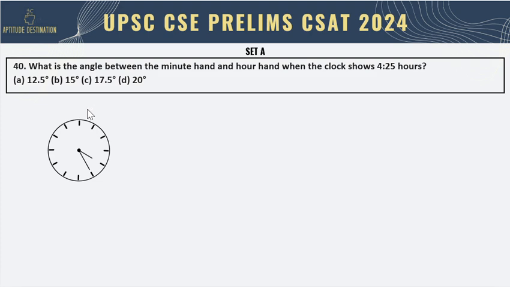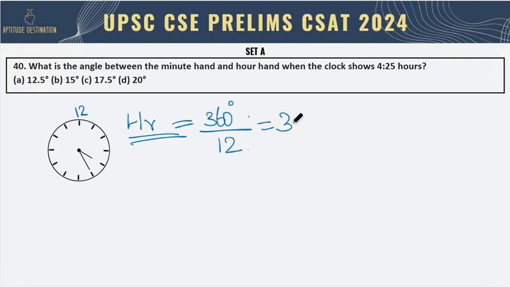Now the solving is pretty simple. For the hour hand, we know that there are 12 hours, right? For every 12 hours, it's going to complete one whole revolution. One whole revolution is nothing but 360 degrees. So 360 by 12 gives how much angle it's going to move every hour, which is 30 degrees.